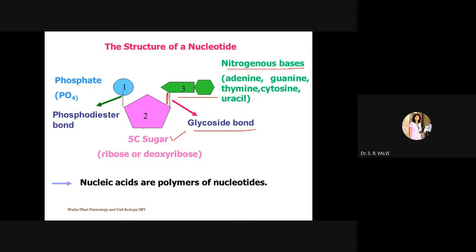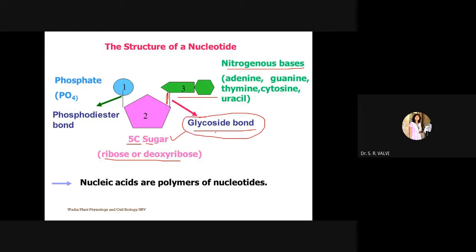It is a 5-carbon containing pentose sugar, so this is ribose or deoxyribose. In DNA we call it deoxyribose. In case of RNA we call this sugar ribose sugar. So the bond present between sugar and nitrogenous bases is called what?